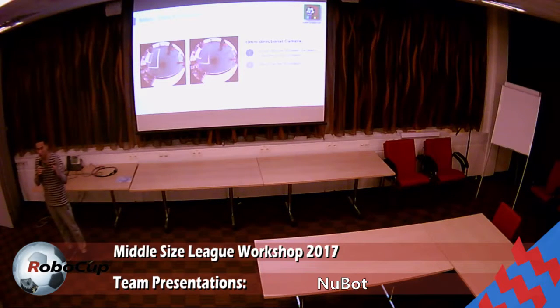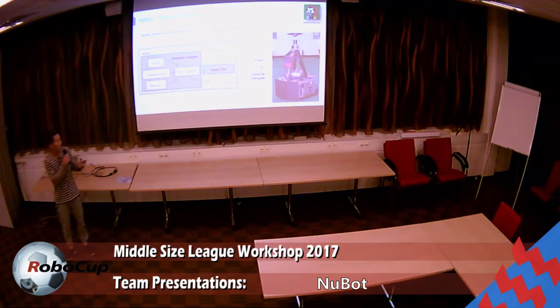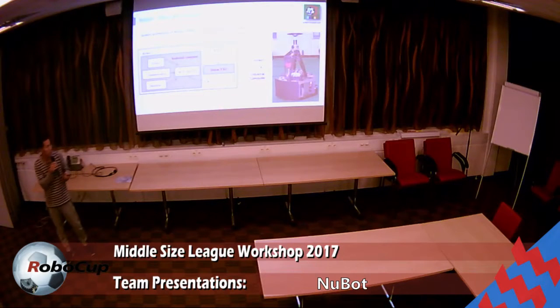For example, if the ball is bouncing, there are large errors when you want to get the position of the ball. So actually, it's good to have a Kinect to assist the object detection for the omnidirectional camera.